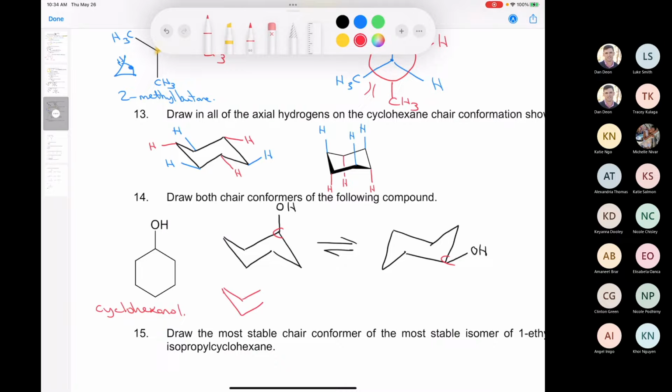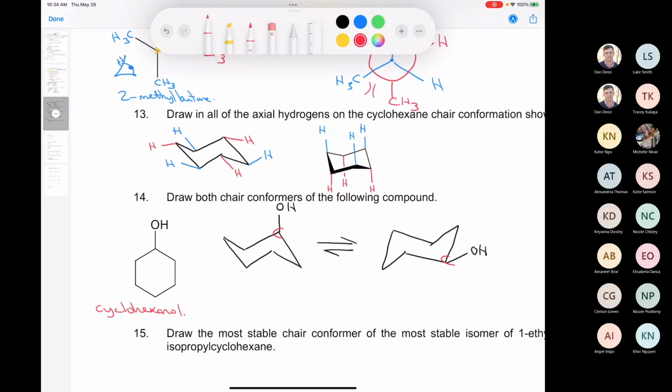It doesn't matter, right? If I had drawn it going down and axial, when I flip the ring, and I'm just kind of drawing these very quickly, when I flip the ring, it's going from down and axial to down and equatorial. So you still get the same answer, right? You get one where it's axial and one where it's equatorial. So I'm just going to erase this for now so it's not too confusing.